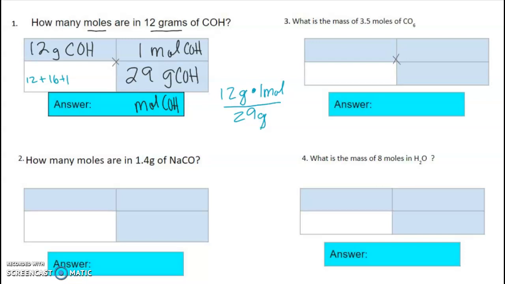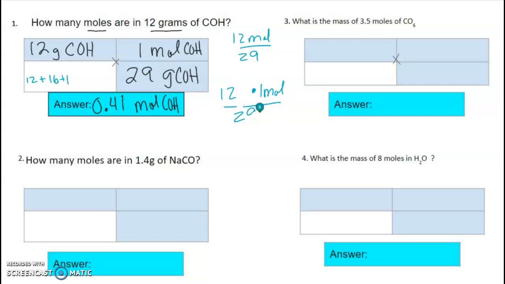So you're left with 12 times 1 divided by 29. If we do 12 times 1, we end up with 12 moles over 29. If we divide 12 by 29, our answer is going to be 0.413. Round that to the nearest 2 decimal places, so 0.41, because the 3 doesn't make us round up.